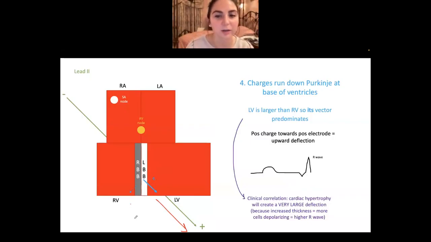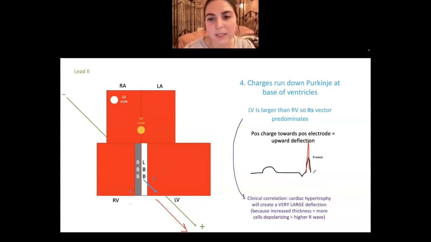So there's got to be a stronger signal for them to depolarize. You can see really, really tall R waves, and usually that's an indication of left ventricular hypertrophy, because now the left bundle branch has to send an even stronger signal over to all the hypertrophied cells in the left ventricle. So cardiac hypertrophy will create a very large deflection here because of increased thickness, more cells depolarizing, higher R wave.